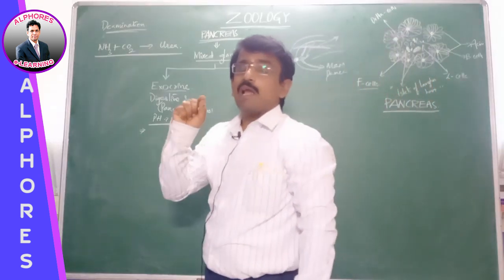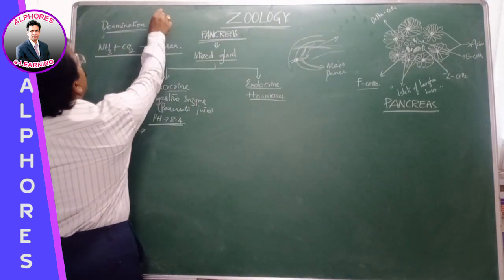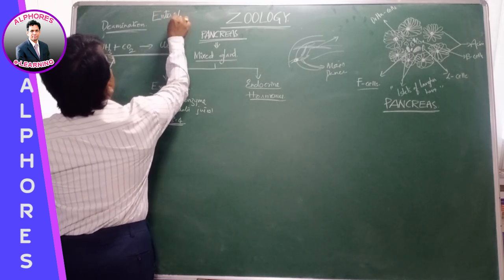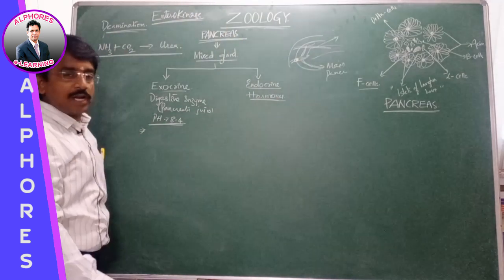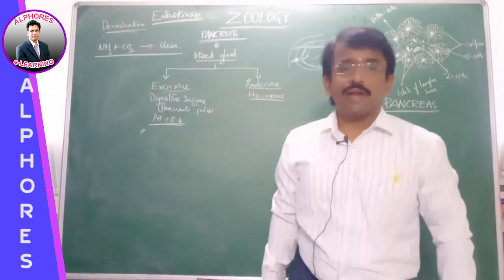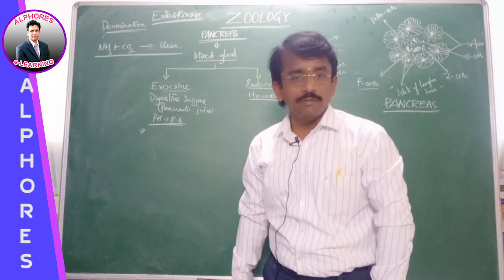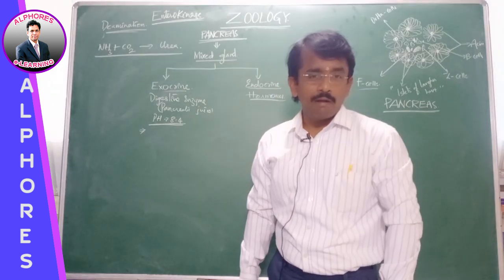Basically, an enzyme named enterokinase, which is an enzyme of the intestinal juice, is the activator that converts trypsinogen into trypsin and chymotrypsinogen into chymotrypsin.